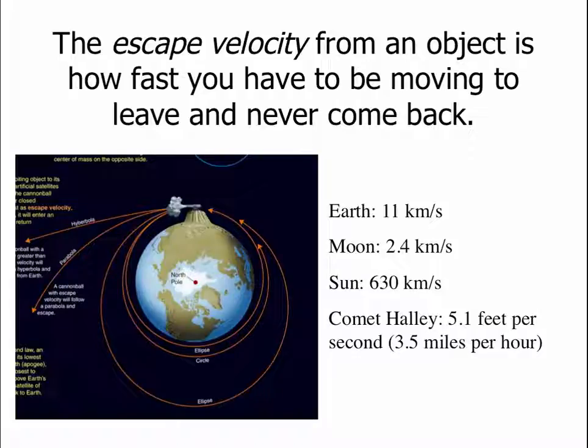They're made mostly out of ice, so a few miles of ice does not have a strong gravity. And for Halley's Comet, you would need to be moving at only 5.1 feet per second. That's 3.5 miles per hour. So if you went for a brisk walk on Halley's Comet, you'd leave it, you'd fall off it and never come back. So keep that in mind. If you're ever walking on comets, a slow shuffle is all you want to do.